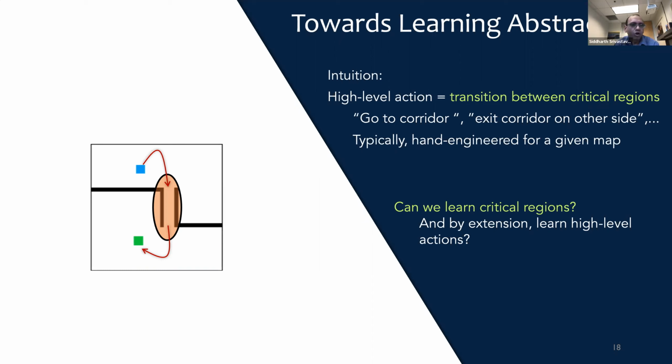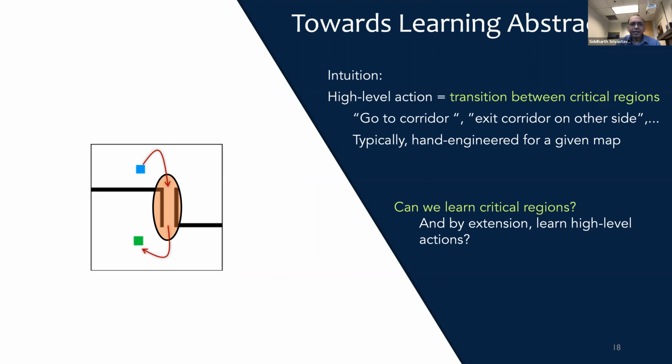If you think about this hallway, if I want to go from the blue square to the green square and I want to give somebody instructions, I would say, go to the corridor, cross the corridor, and get to the other side. So this high-level action can be thought of as simply a transition from one critical region of the state space to another. If we can learn to predict these critical regions, we can actually learn to discover high-level actions automatically.